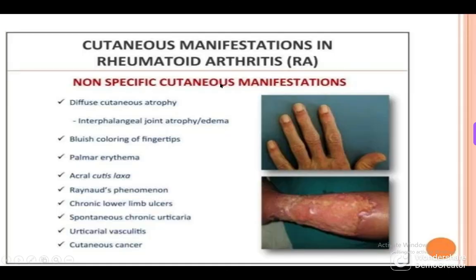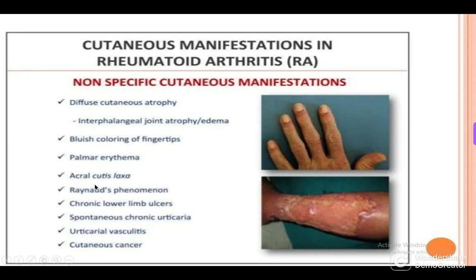Now, the non-specific cutaneous manifestations of rheumatoid arthritis are diffuse cutaneous atrophy, that is interphalangeal joint atrophy, edema, bluish coloring of the fingertips, palmar erythema, and axial cutis laxa.